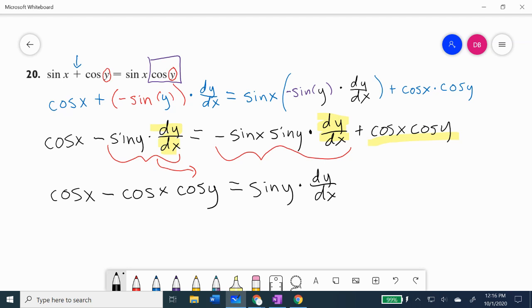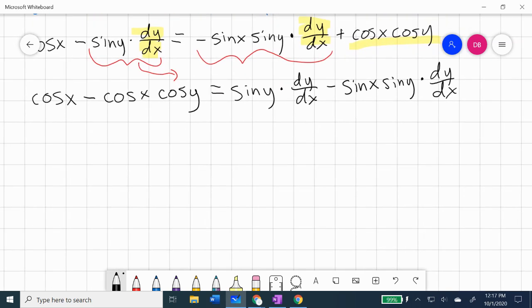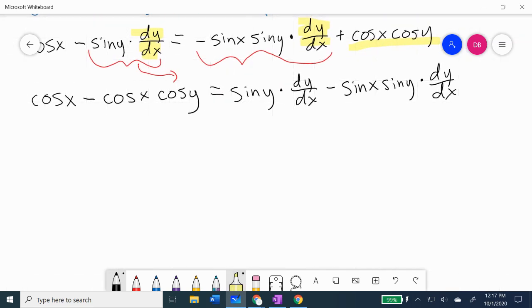And then I have over here on the right already minus sine x times sine y times dy dx. And I can factor the dy dx out on the right side.